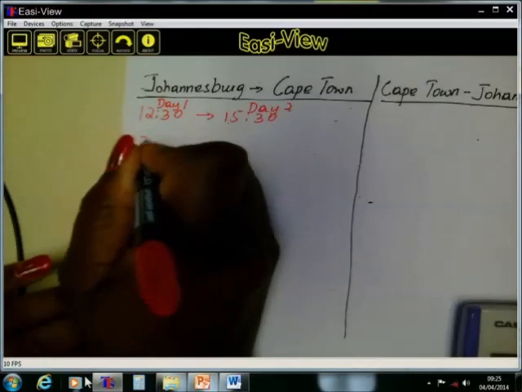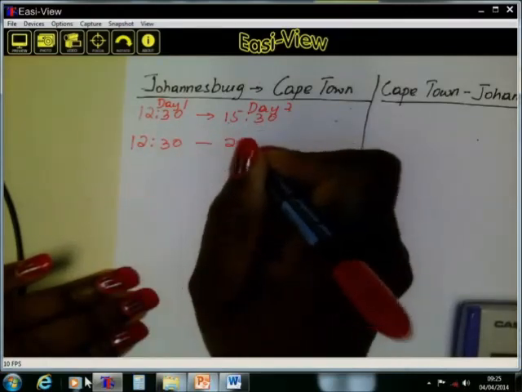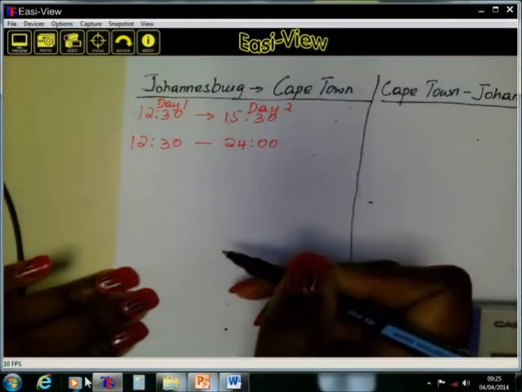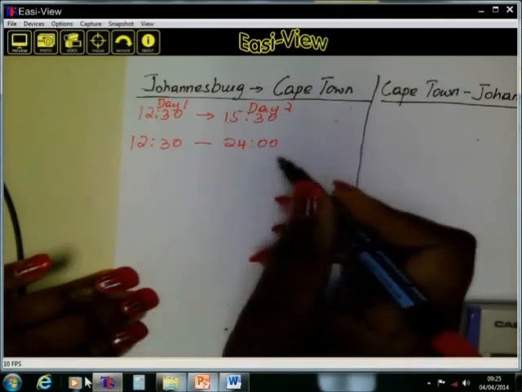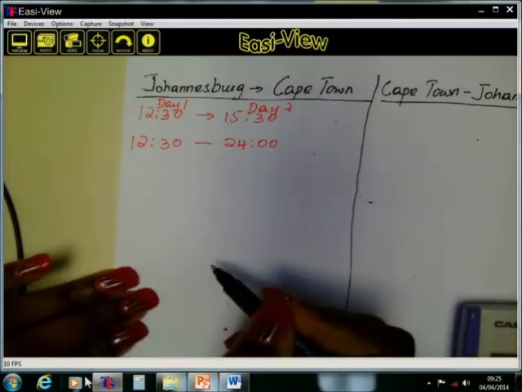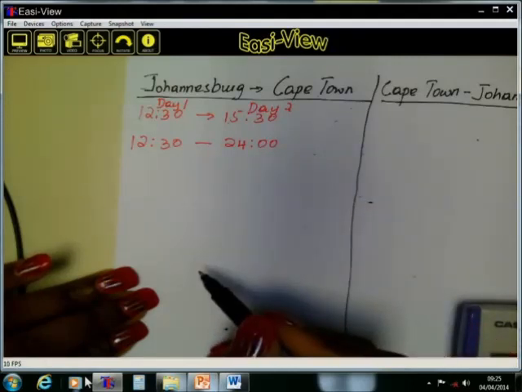If we take 12:30 to 24 hours, that is 12 midnight, how many hours do we have there from 12:30 to 12 o'clock midnight?